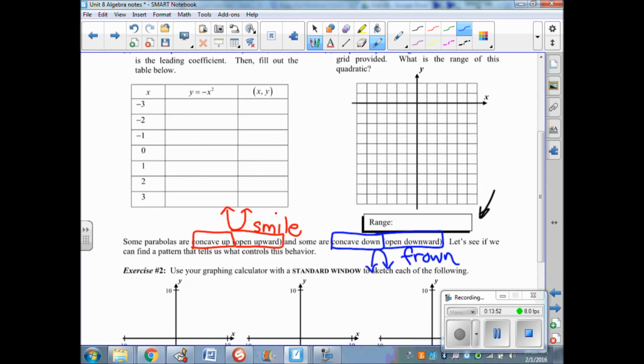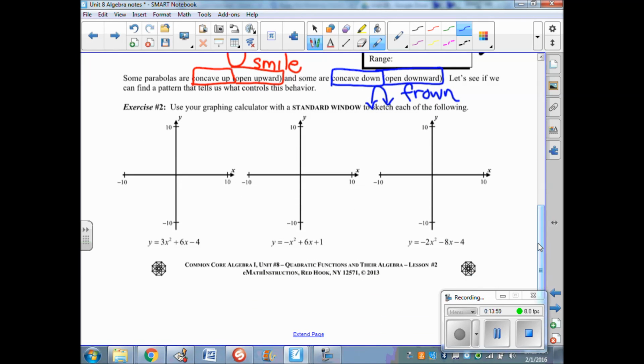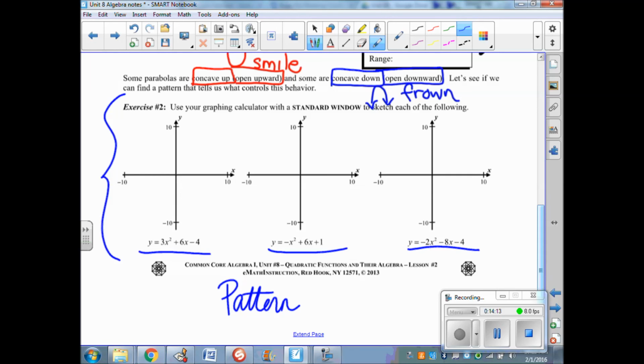Now you're going to see if you can find some patterns that occur when you start to look at the equations and then some sketches of them. So I want you to do exercise 2 on your own, and then I want you to jot down in the margin down here, what patterns do you notice?